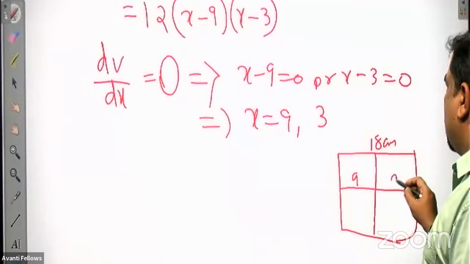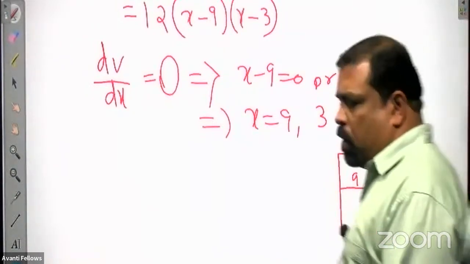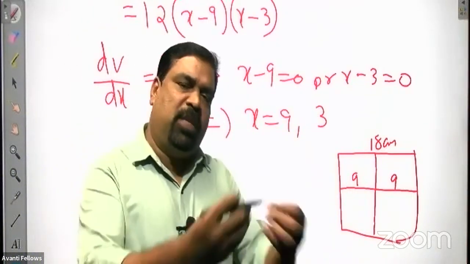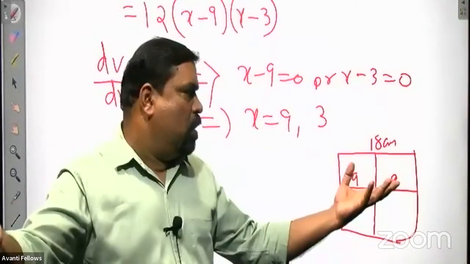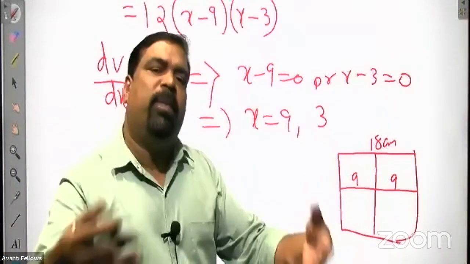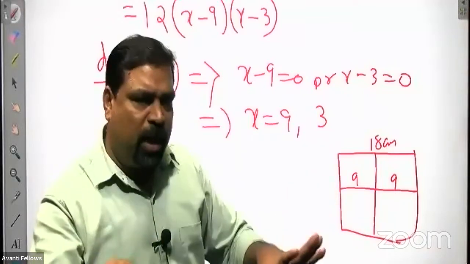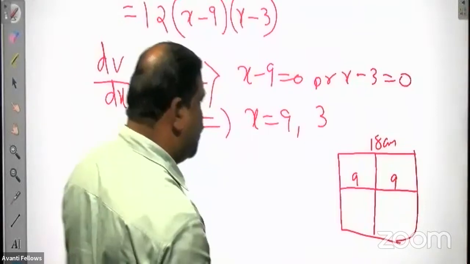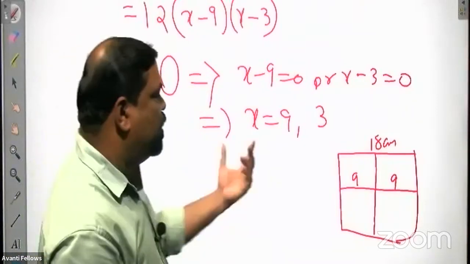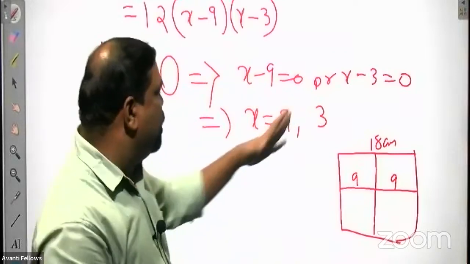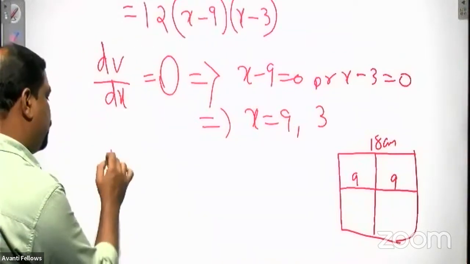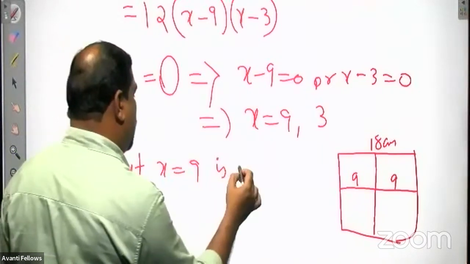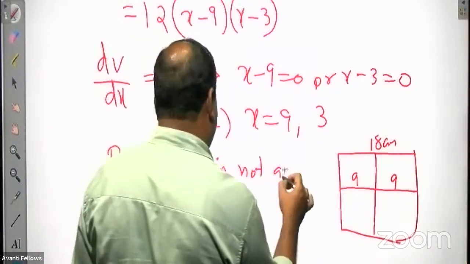Okay, we can cut and remove 9, but after that nothing will be remaining there, no? 4 pieces will go from each corner, so nothing will be there. So how to make the box? So it is not possible actually, okay? So 9 is inadmissible, x equal to 9 is not possible actually. So the admissible value is 3 only, okay?